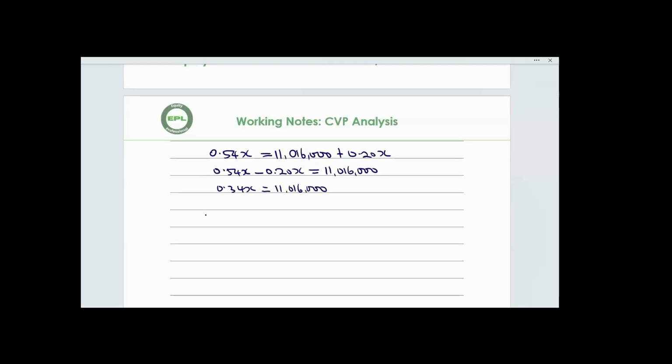equal to 11,016,000. Therefore, x equal to 11,016,000 divided by 0.34.